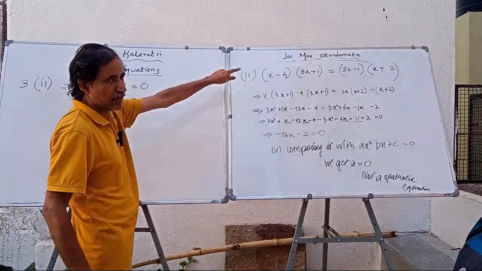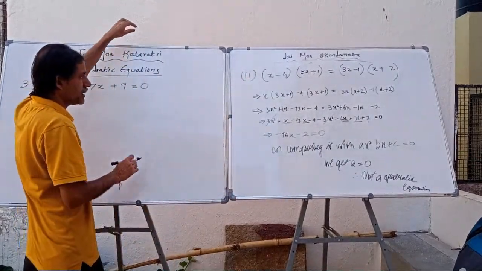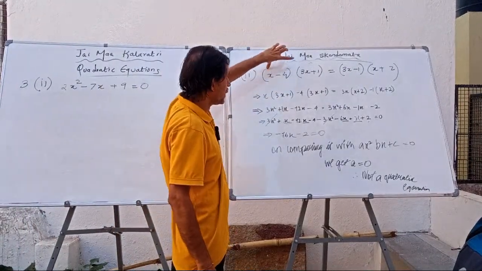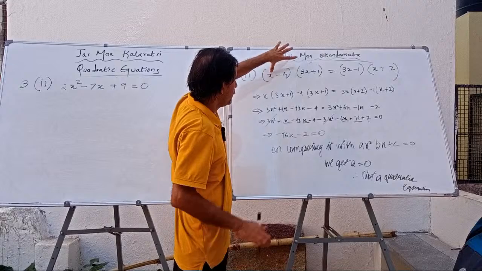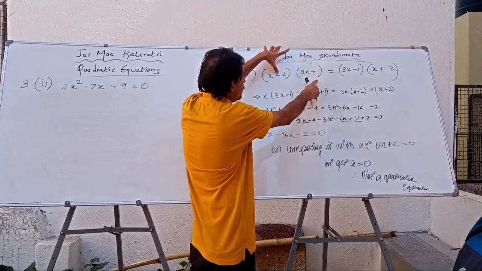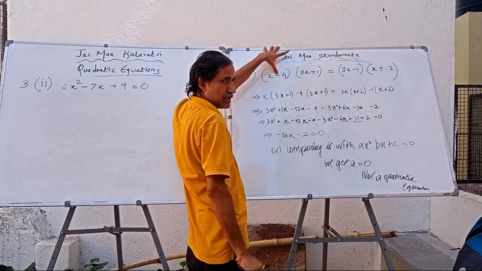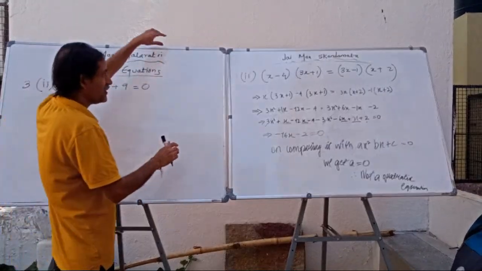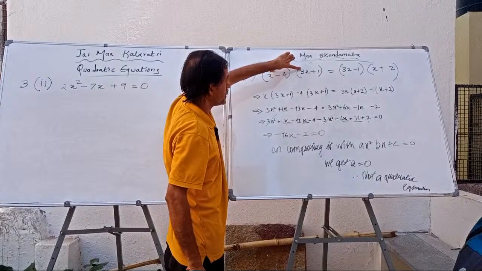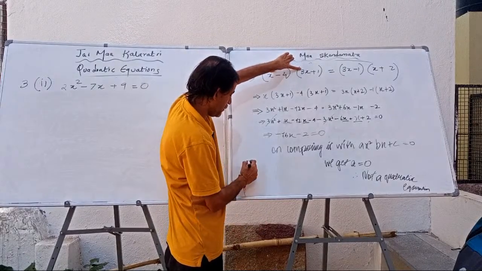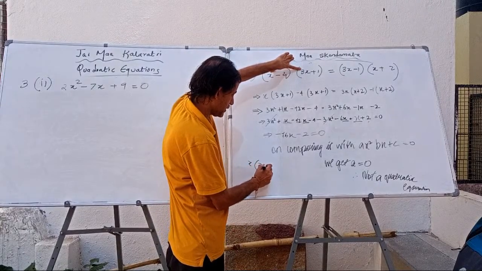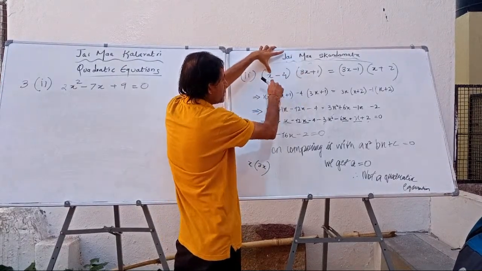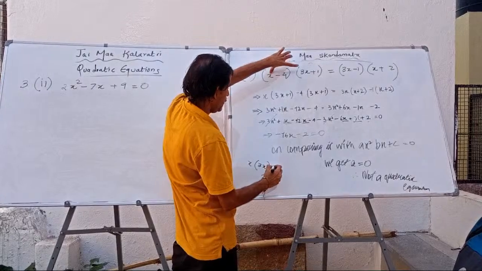One important thing, Ananya: if this is not very convenient, you can take first term with this, then this with this, then move this with this and this with this. First term of this into first term of this, when you multiply, it will be 3x.